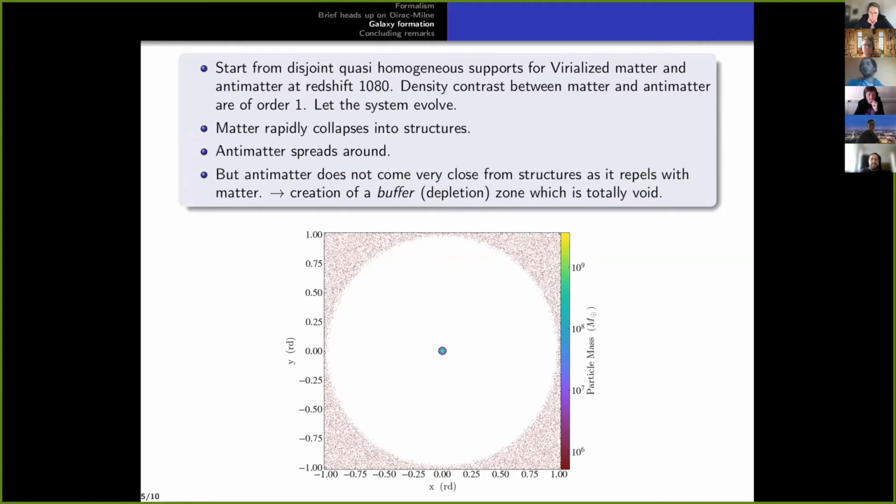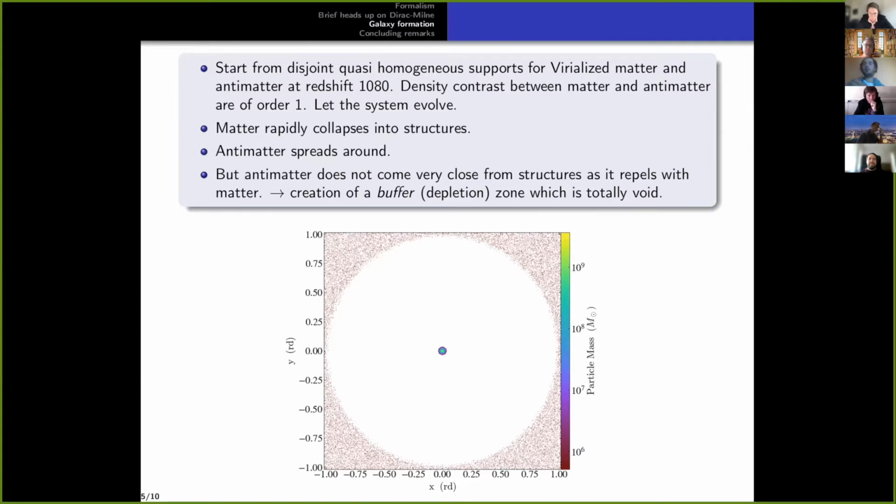Therefore, you have some zone where you have nothing, at least in the N-body simulation, it's totally empty, a buffer zone, a depletion. So that's the typical thing you would expect to see if you just think naively. This is an ideal galaxy that you would expect to see.